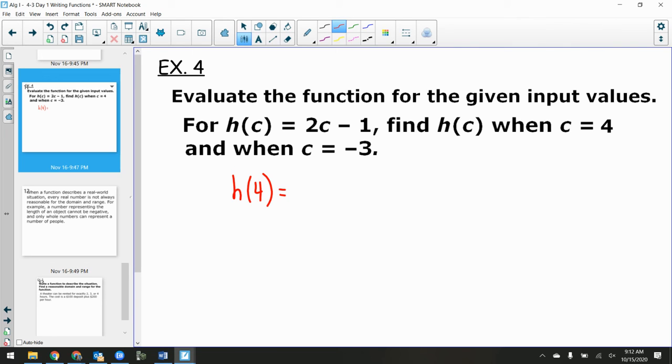If c is 4, you plug in 4 to not only the right side, but also the left side. 2 times 4 minus 1. Please know that this is not like h times 4. No, it's just a notation. It's just a way of writing it. So h of 4 is 2 times 4 is 8, minus 1 is 7. h of 4 is 7.